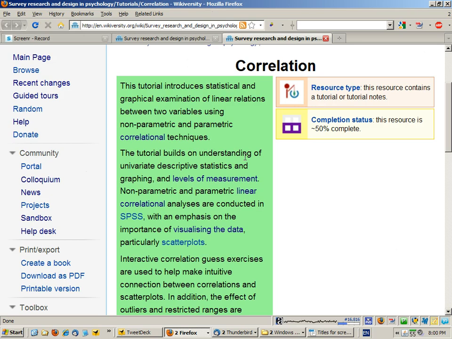This tutorial builds on understanding of univariate descriptive statistics and graphing and univariate levels of measurement. We can then use non-parametric and parametric linear correlational analyses in SPSS, and we'll place an emphasis on both visualizing the data and getting the correlational statistics.